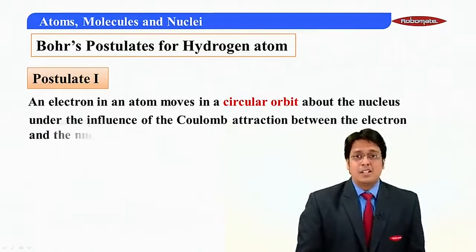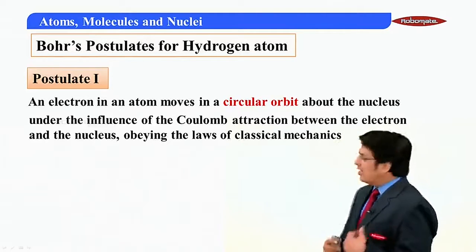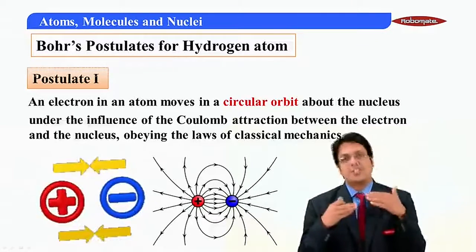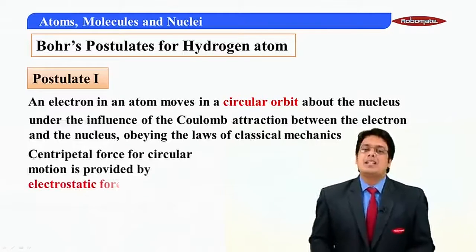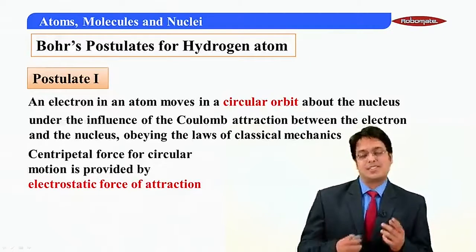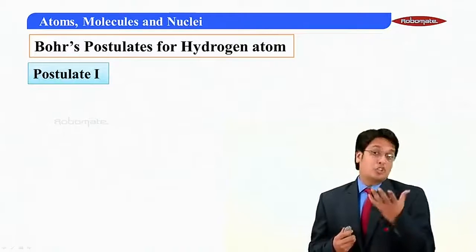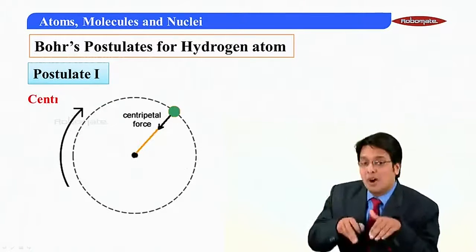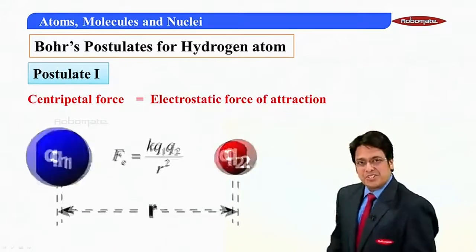Under the influence of Coulomb's attraction between the electron and the nucleus, there is a very nice attraction between positive and negative. And that electrostatic force gives rise to centripetal force. So in terms of formula, postulate 1 states that the centripetal force, that is the inward force, is given by the electrostatic force, that is the attractive force.